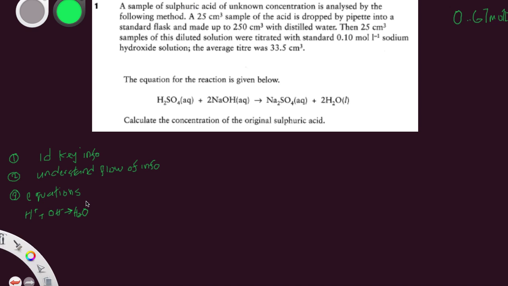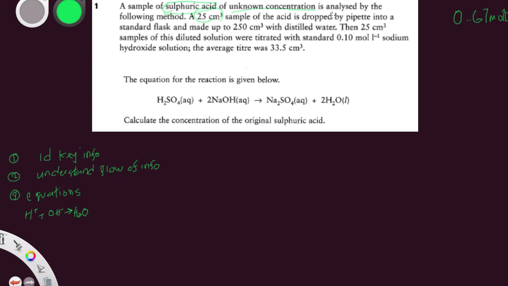Now, first step is to identify what's given in the question. One of the major pieces of information, I'm going to circle it on the question itself, is that it's sulfuric acid, and only 25 cm³ of this sample of acid. We obviously don't know what the concentration is.